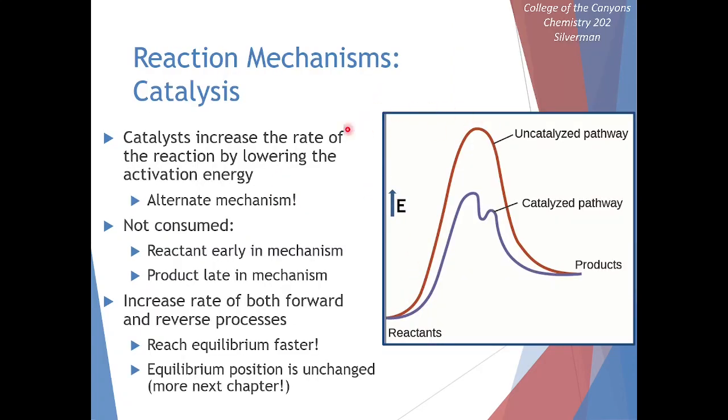In biology, this happens a lot, actually. A lot of biological reactions are catalyzed by enzymes, by biomolecules that are functionally designed to do a very specific reaction. Notably, when we have a catalyzed reaction, what we're doing is we're introducing an alternate mechanism. On our reaction coordinate, we're trying to go from the reactants to the products.